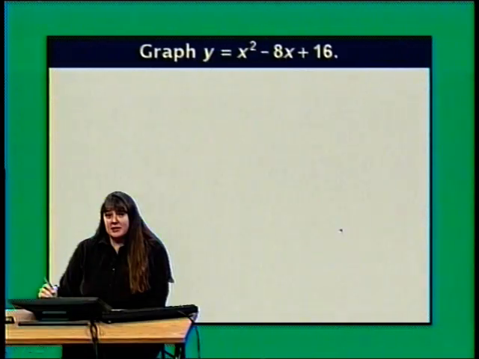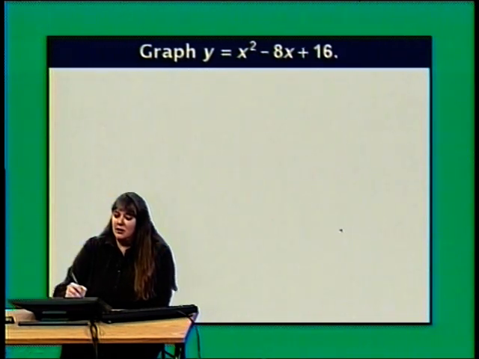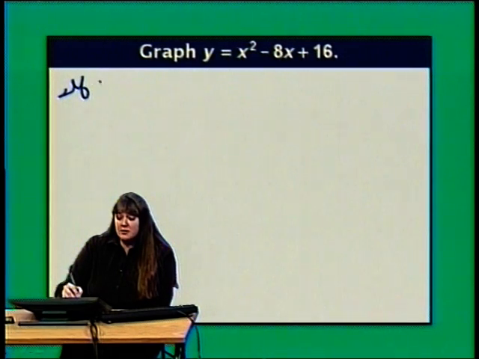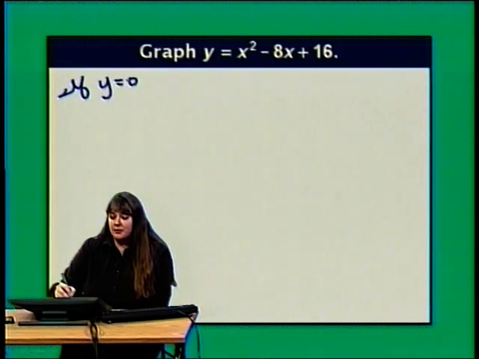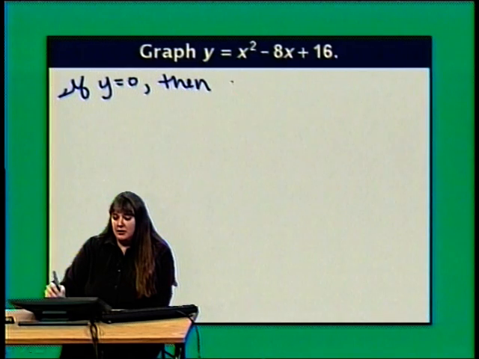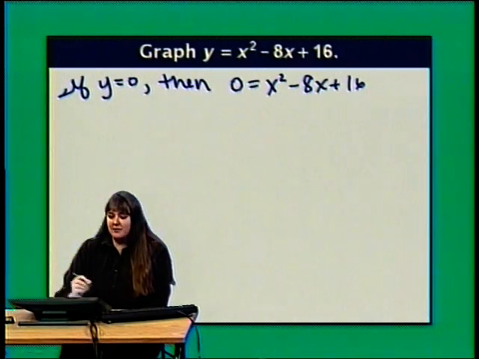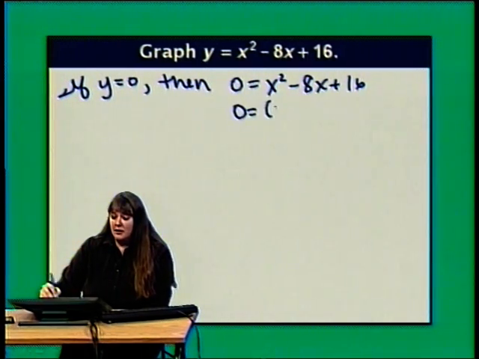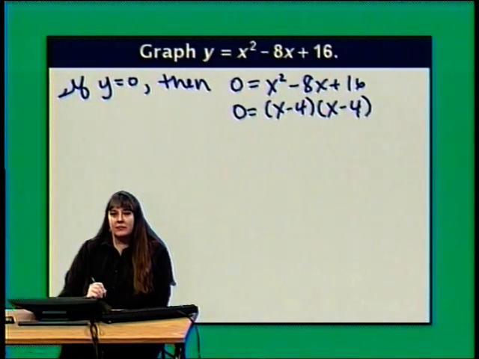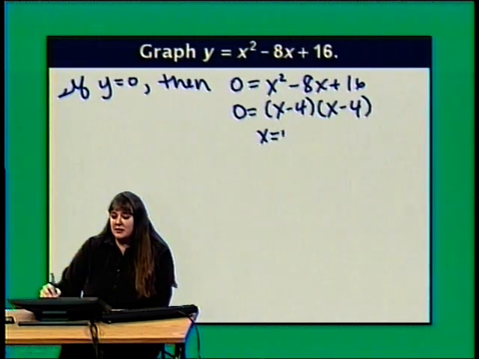Now we are asked to graph y equals x squared minus 8x plus 16. I think I want to start by thinking about the horizontal intercepts. So if I want to find the horizontal intercepts, I need to let y equal 0. And if y equals 0, then we have 0 equals x squared minus 8x plus 16. I can factor that right-hand side as the quantity x minus 4 times the quantity x minus 4. Well, this tells me x equals 4.